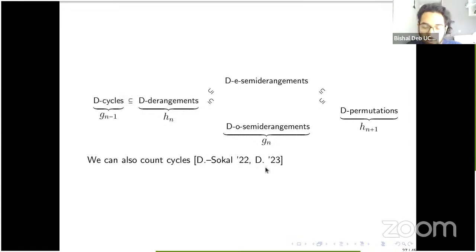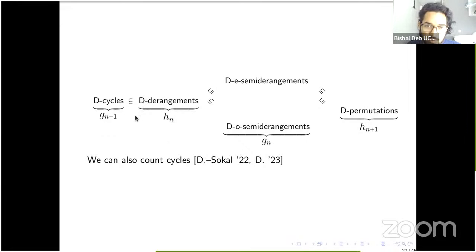And if we count cycles and look at the number of depermutations with one single cycle, then we call these D cycles, and these are again counted by Genocchi numbers. So you have depermutations, you turn off fixed points of one parity, you get to Genocchi. So from median Genocchi, you get to Genocchi. You turn off fixed points of both parities, you get back to median Genocchi.